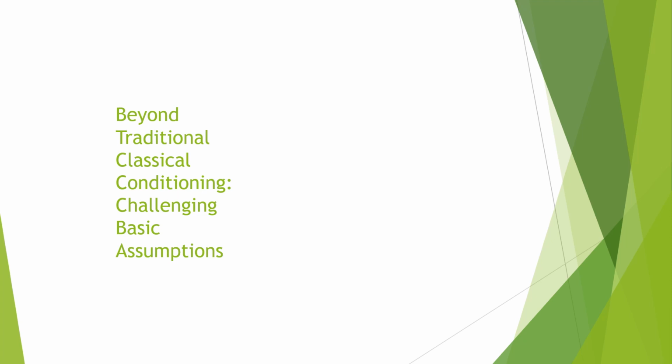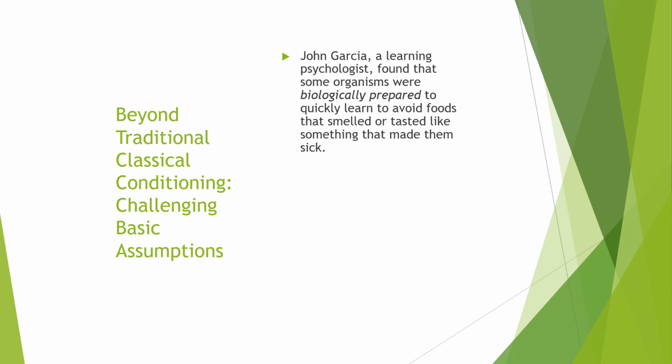All right, the very last thing that I want to talk about in this module is let's go beyond traditionally what we thought about with classical conditioning. We want to challenge some of those basic assumptions. A really well-known learning psychologist is a guy by the name of John Garcia.